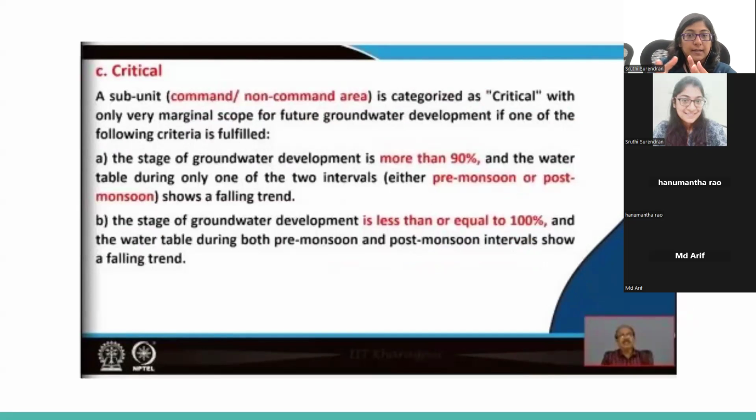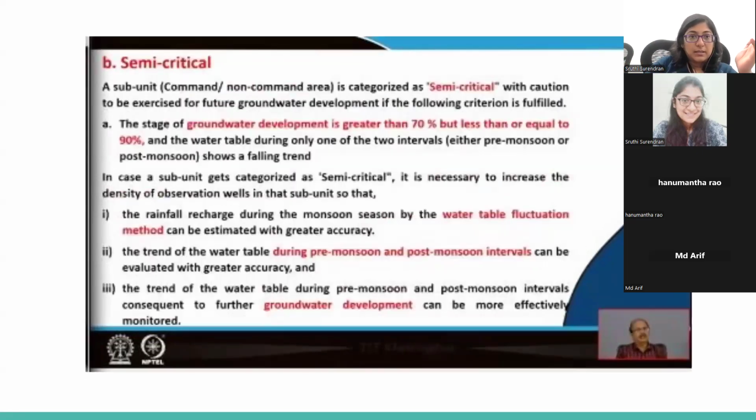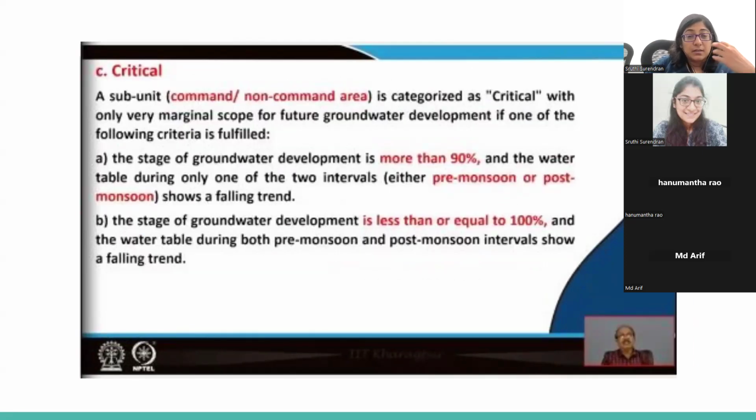Moving on to what is a critical type. This is going to be where the scope of groundwater development is very marginal. In this case, there is good scope of groundwater development, but again, it is not as good as the safe one. Critical is when the scope of groundwater development is very low.